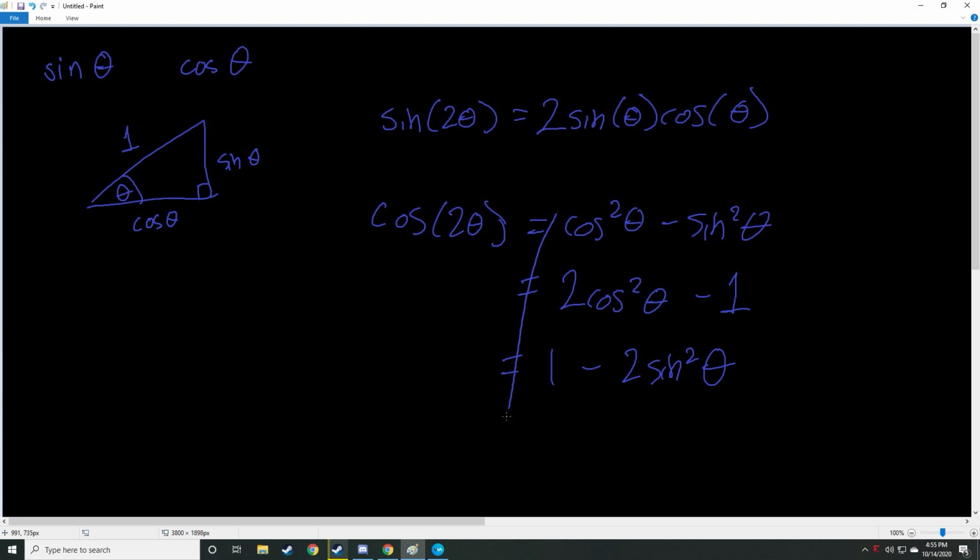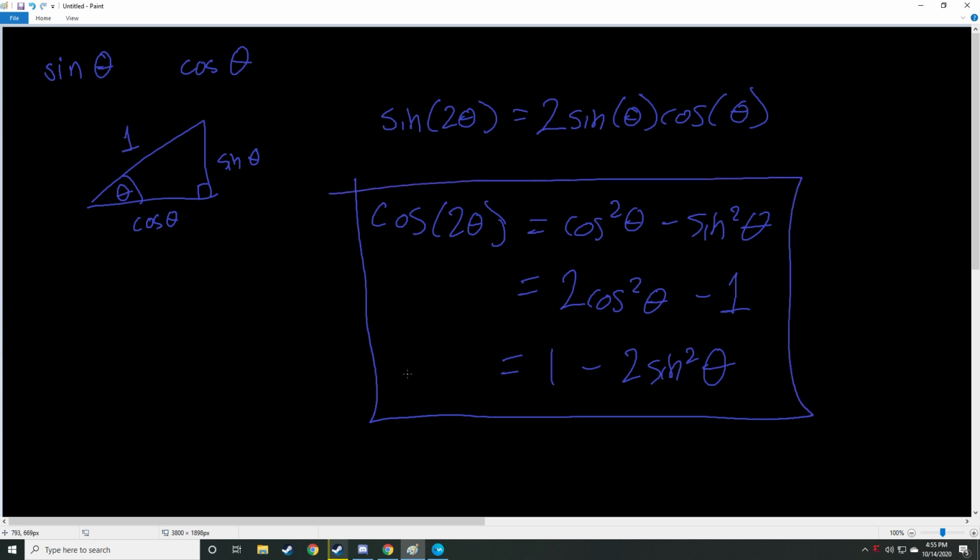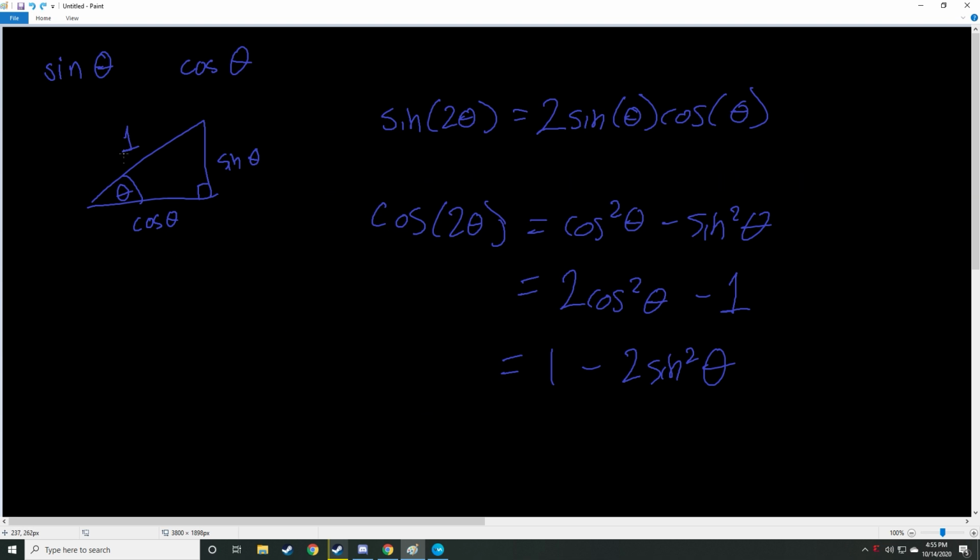These double angle identities for cosine, I just recommend memorizing. I don't really have any tricks here to memorize these. This one, sine of 2 theta is 2 sine theta cosine theta, has been ingrained in my brain for so long that at this point it's second nature. The double angle identities for cosine I just memorized, to be honest.